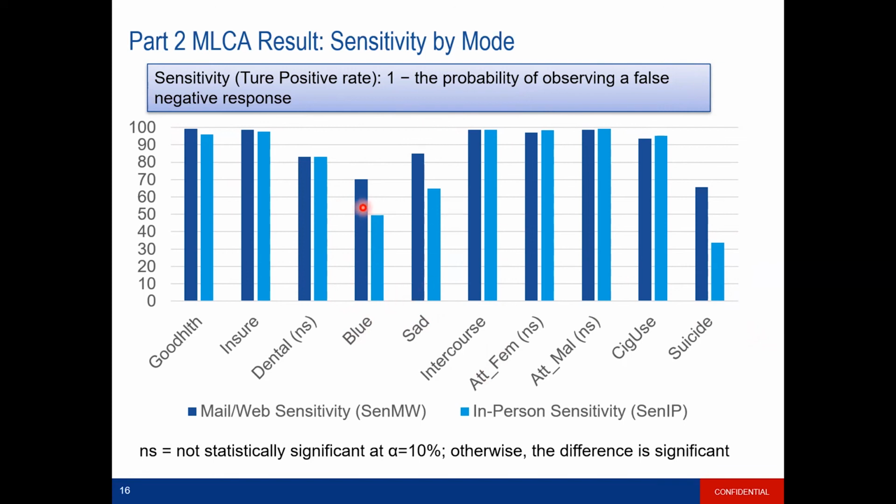As you can see, the dark blue bar is actually higher than the light blue bar, which means that the web and mail sensitivities is higher than the in-person sensitivity, actually indicating that the mail web mode is better than the in-person mode in terms of sensitivity.